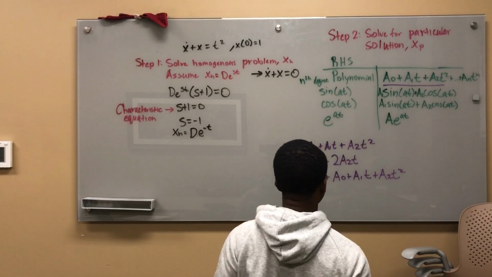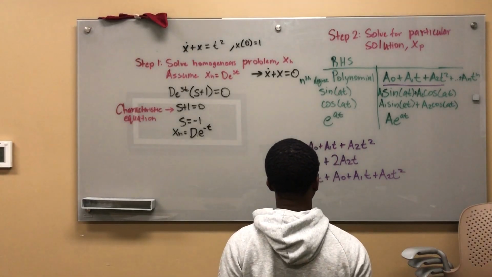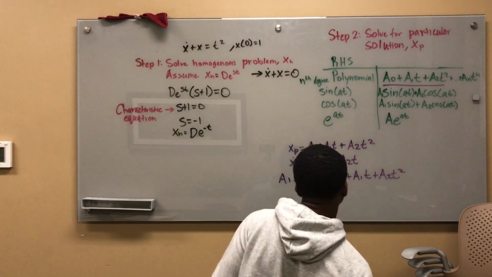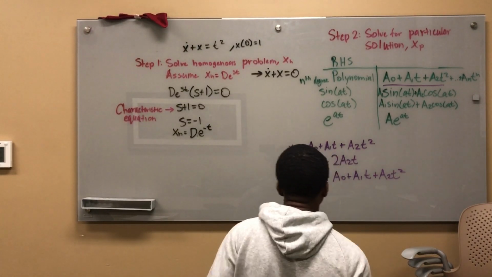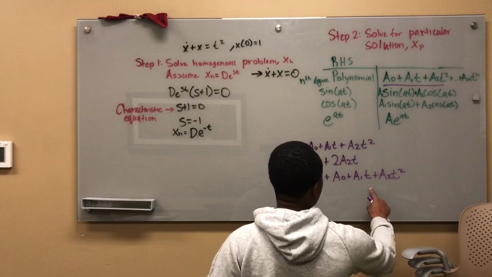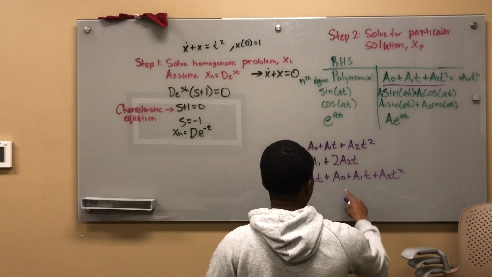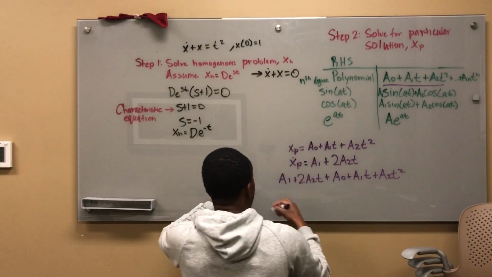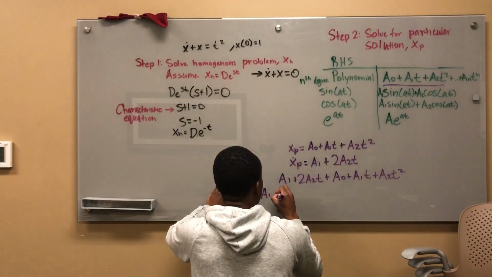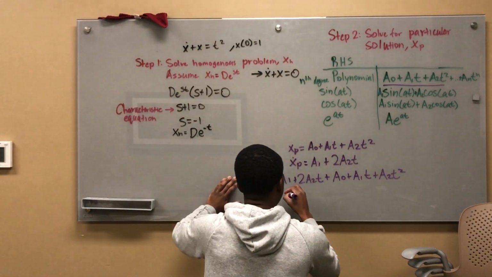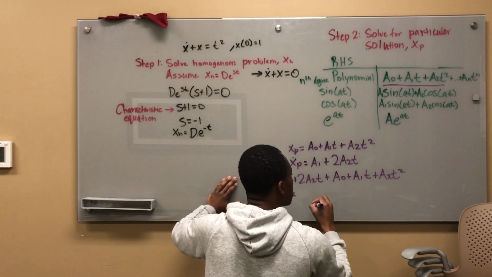Now what we can sort of do, I really don't like working with these variables. Let me think. I can group my t's together. I can group my things together. So once I group this, I get a1 plus a2t.